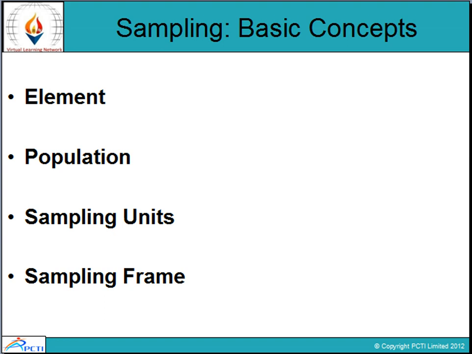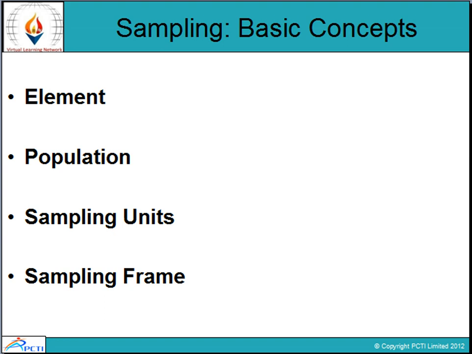Second is population. Population or universe is basically the aggregate of all the elements possessing certain specified characteristics which the researcher wishes to study and defined prior to the selection of the sample.